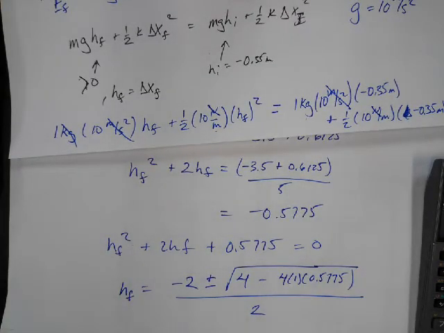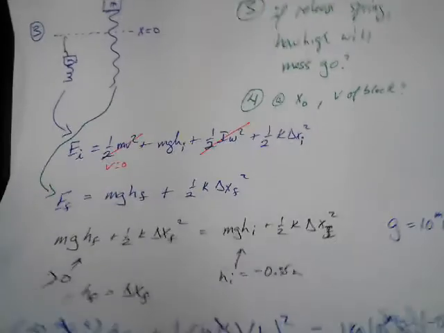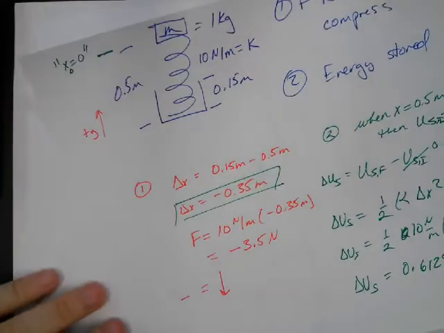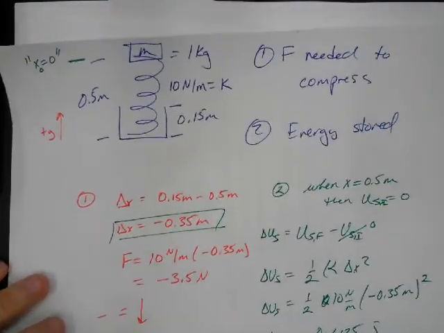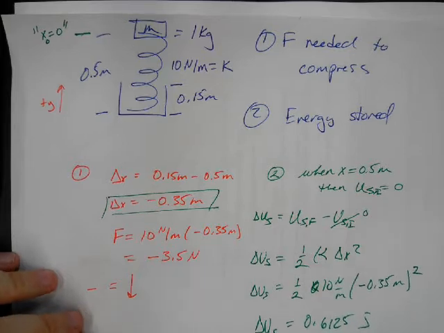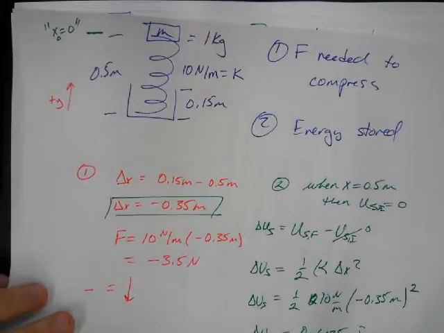Okay, so I realized what happened in my problem. I said this thing had some natural length of, it's like half a meter long, but there's some other stuff going on here.